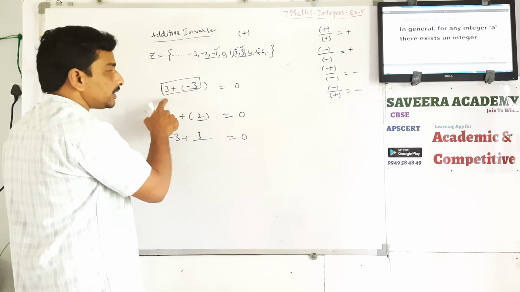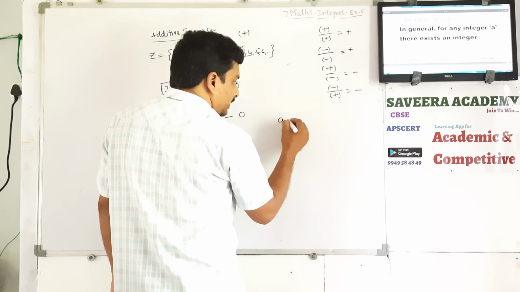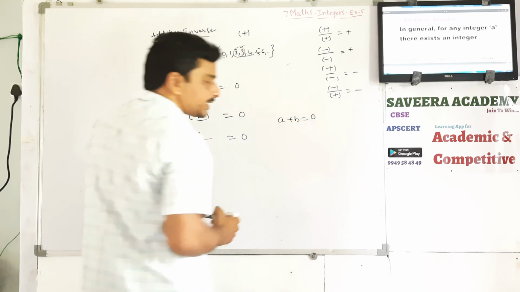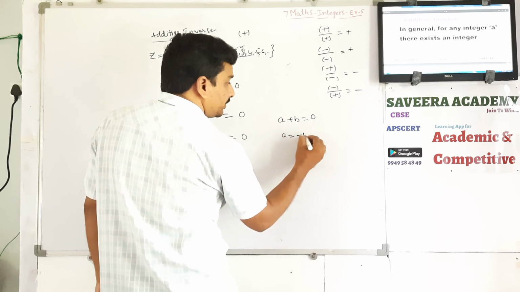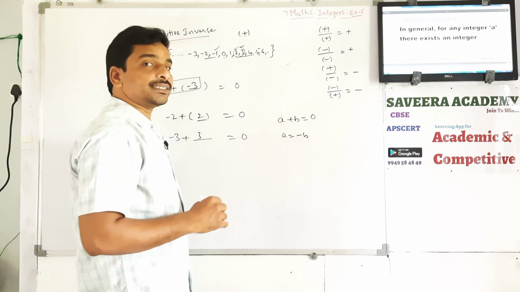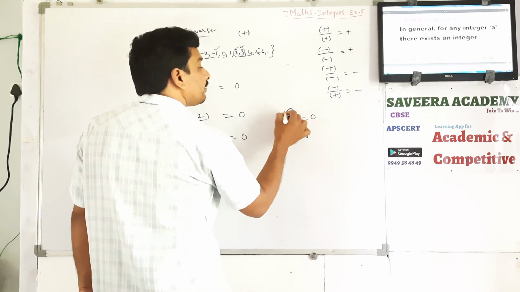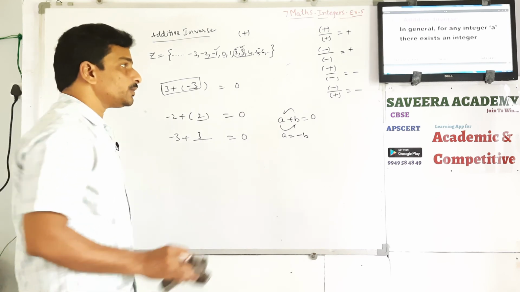In such a way, suppose a plus b is equal to 0, then a is equal to minus b. If the sum of two numbers is 0, then b is the additive inverse of a, and a is the additive inverse of b.